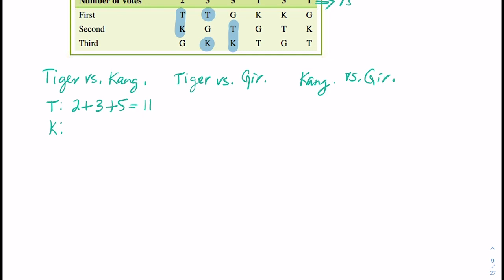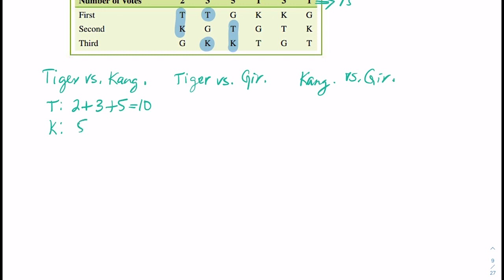So if 11 of them went to the tiger, 15 minus 11 would give me 4 for the kangaroo. And if you look at the columns, it's actually 10, so then that should be 5. 15 minus 10. And if you add up the points, 1 plus 3 plus 1, you get 5.